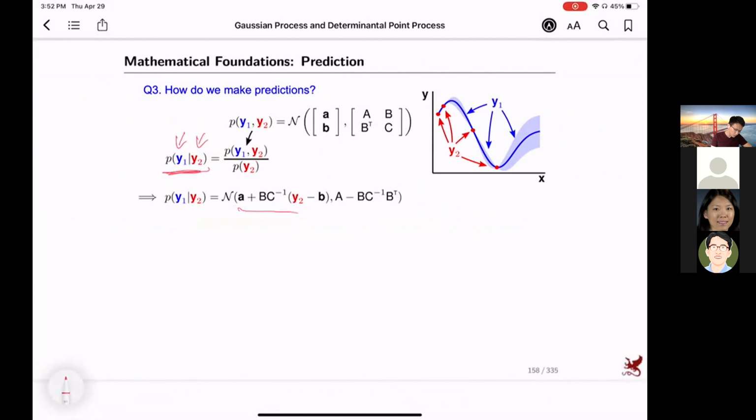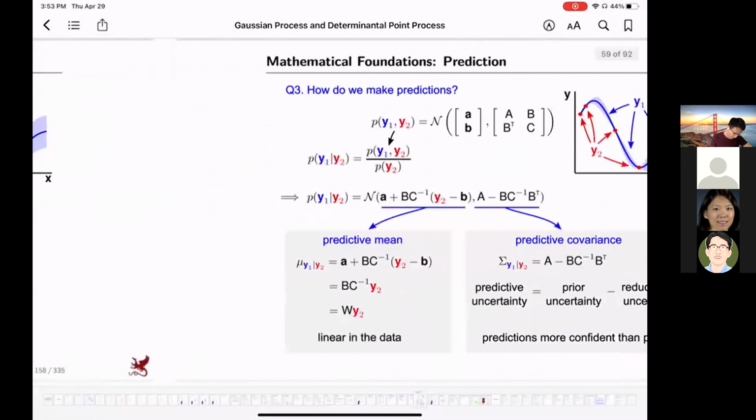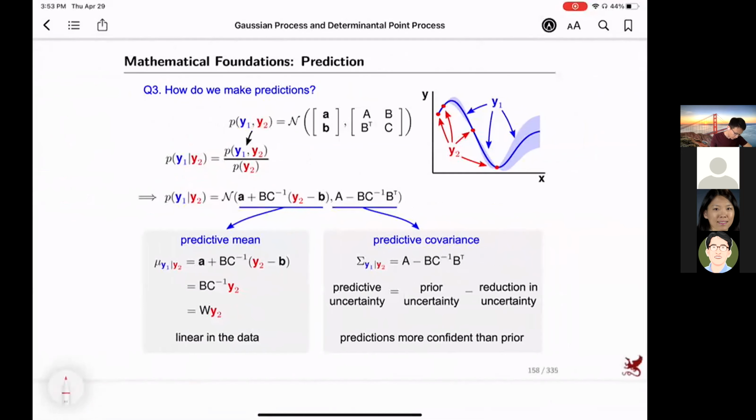This formula, I won't do the derivation. You can look it up, just type conditional distribution of Gaussian in Google. So we will directly take this for granted. Although we won't do the derivation, we can look at what's going on here.